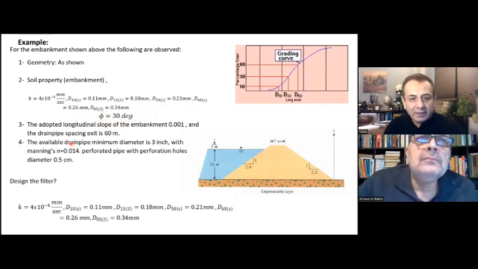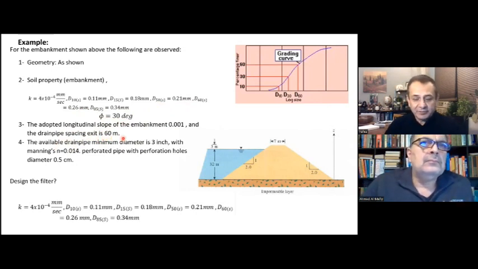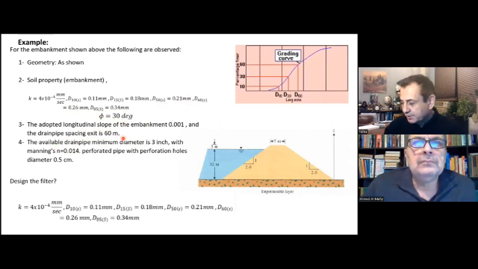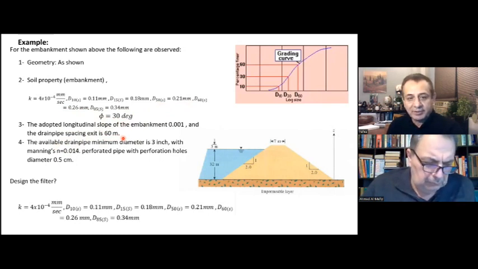Now, the adopted longitudinal slope of the embankment is 0.001, and the drain pipe spacing exit is 60 meters. So W is 60, that means the length of the pipe, where we finish the pipe and start a new pipe by directing the flow to the side as shown in the previous figures.